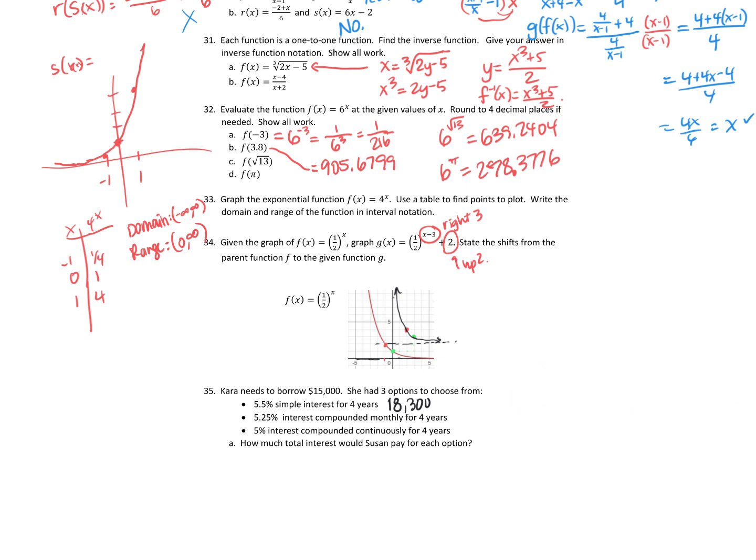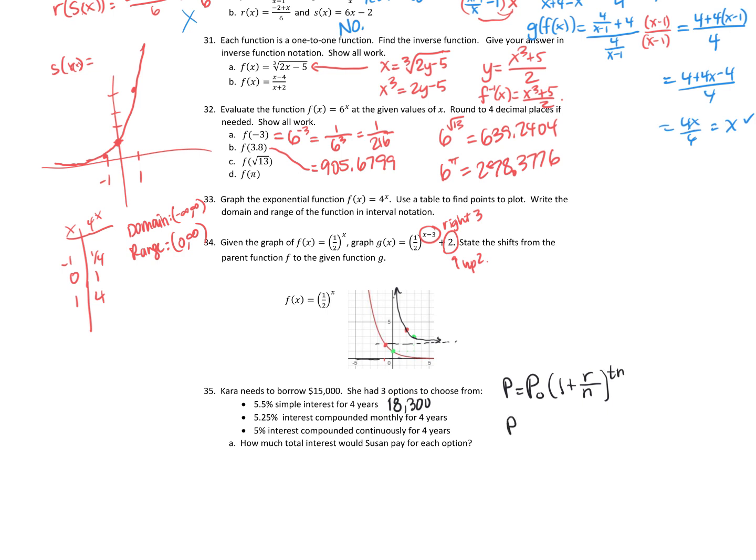So we're going to use a different formula. So we have that the amount is equal to the original amount times 1 plus the rate divided by the number of times we compound per year, to the time times the number of times we compound per year.